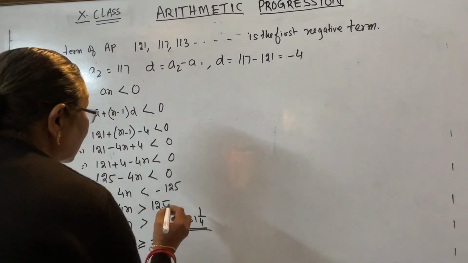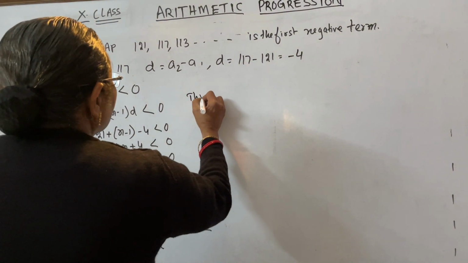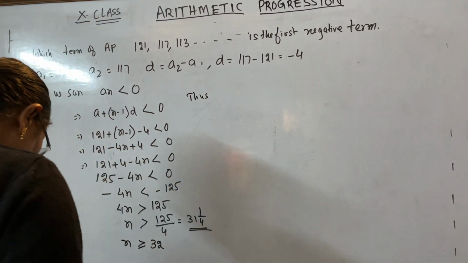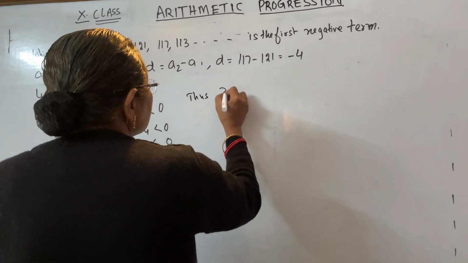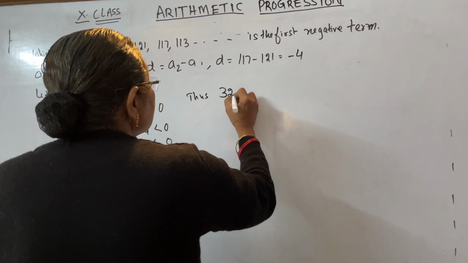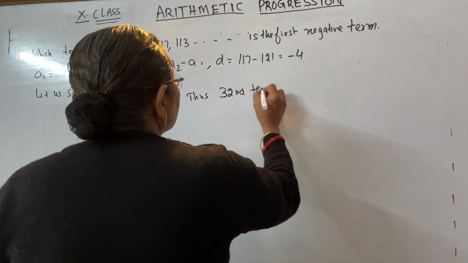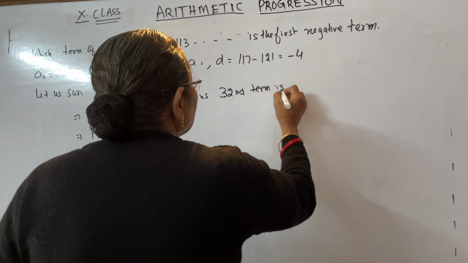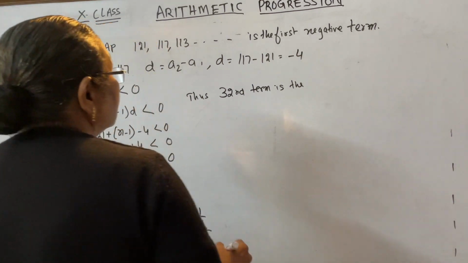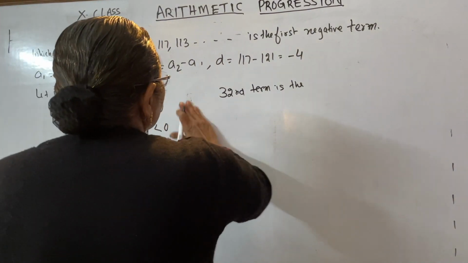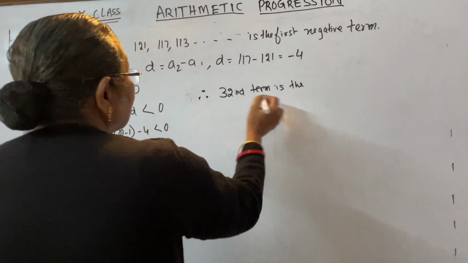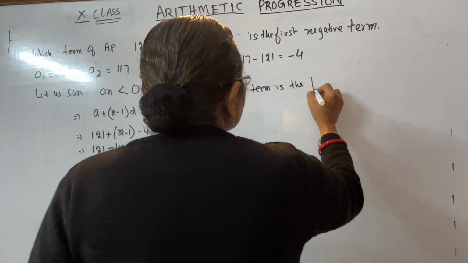Okay. So thus what you will write? Thus, therefore 32nd term is the first negative term.